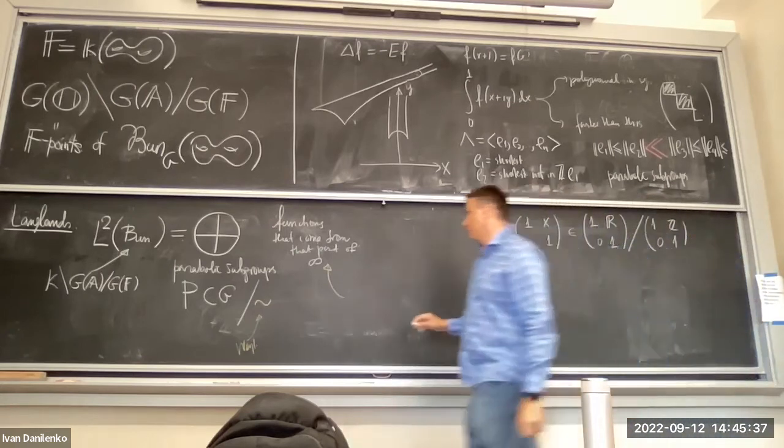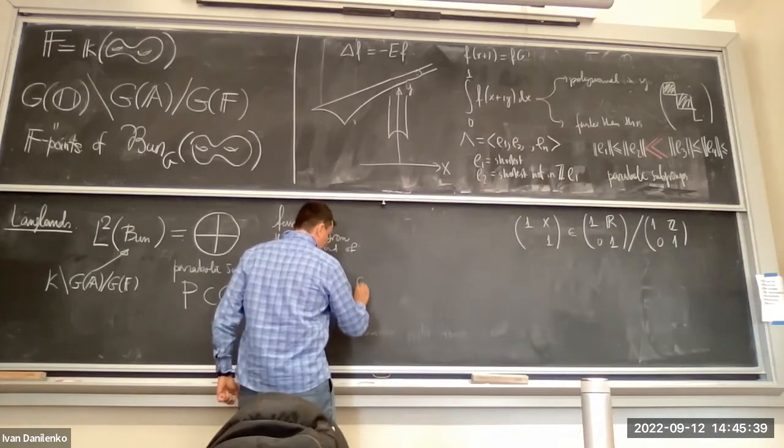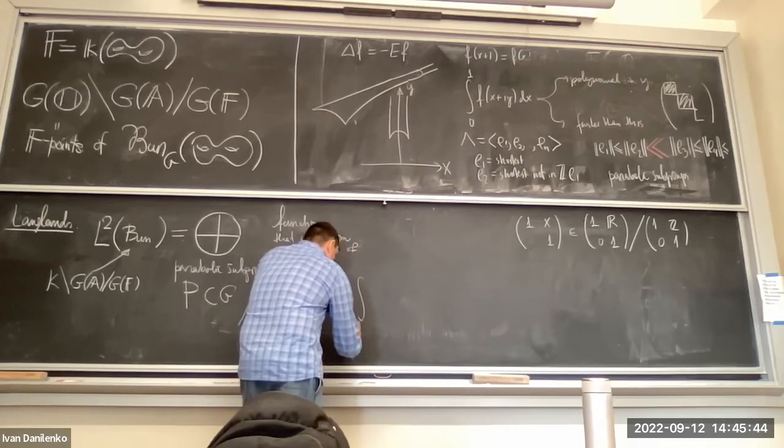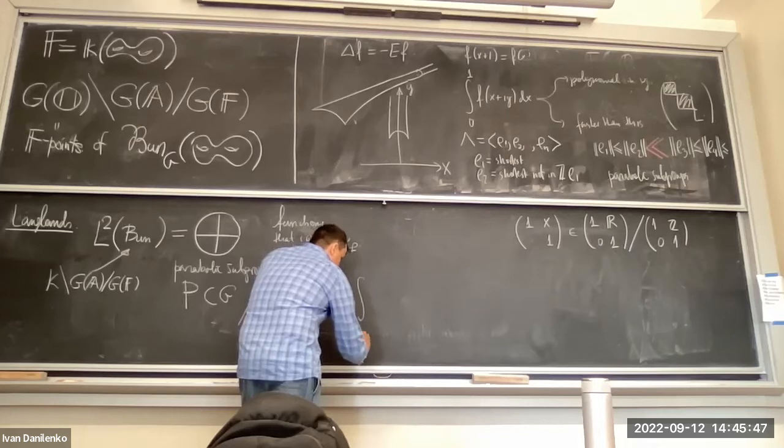So the way to say it is that this is given by the integral of the function over, say, the unipotent radical.